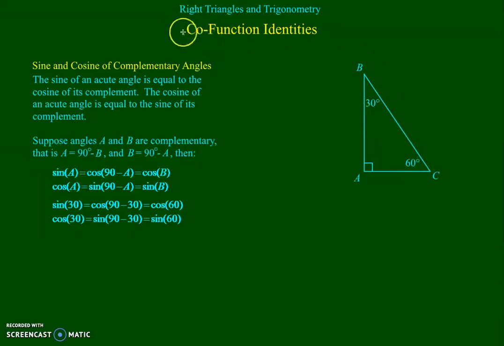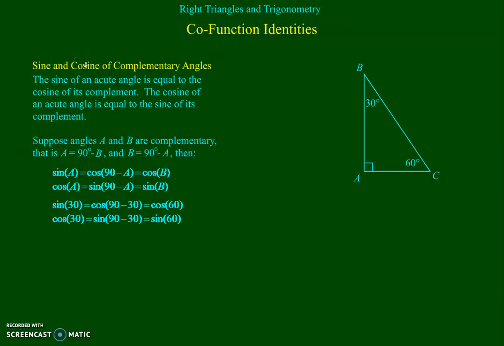That's the origin of the term cofunction, co standing for complementary. So we're going to be dealing with the idea that sine and cosine are complements of each other. Notice the spelling of the word. Sine and cosine are complementary functions of each other.